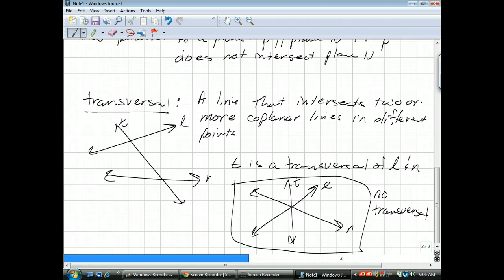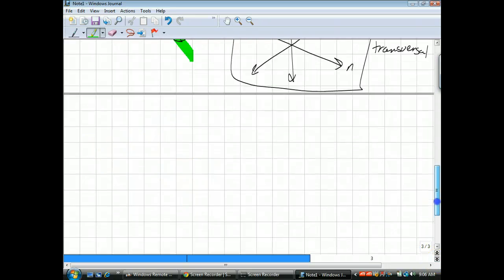So it always has to look something like this, where you have two lines, and then you have a third line that cuts those two lines at two different places.